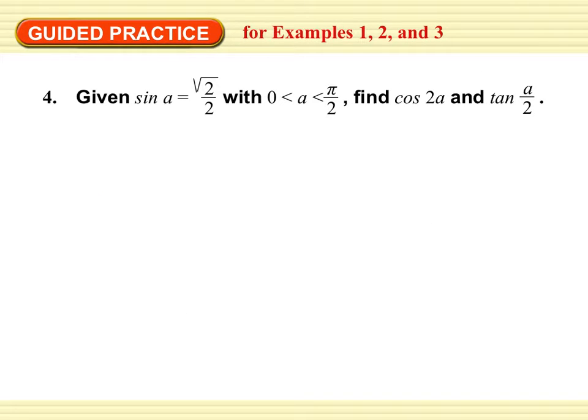Alright, given sine A is square root 2 over 2, and we're in quadrant 1, find cosine 2A and tan A over 2. So I can use a Pythagorean identity, which is sine squared A plus cosine squared A equals 1.